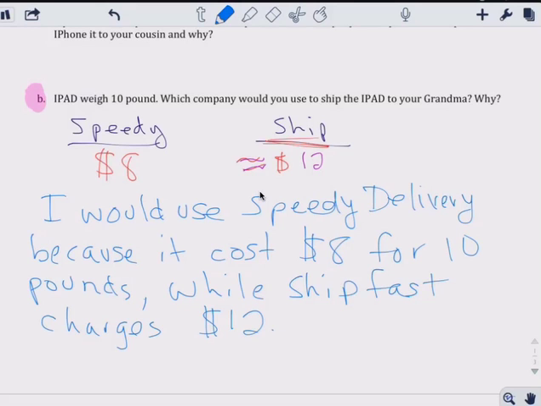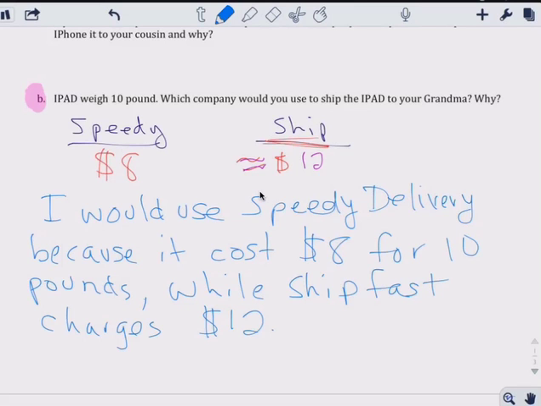You explain to everybody why you use Speedy. You can't just say it's cheaper, okay? Don't just say it's cheaper. I want to know the math behind it. Why is it cheaper? Well, it's $8 here and it's $12 here, based on the graph, right?